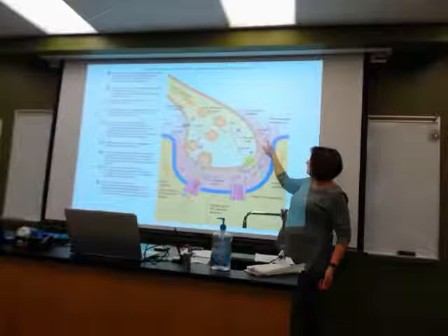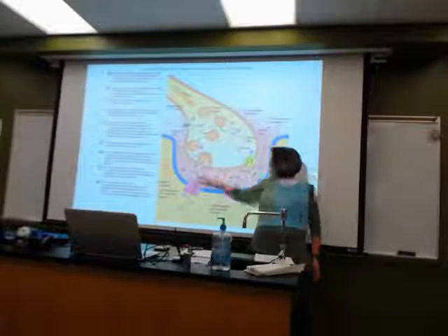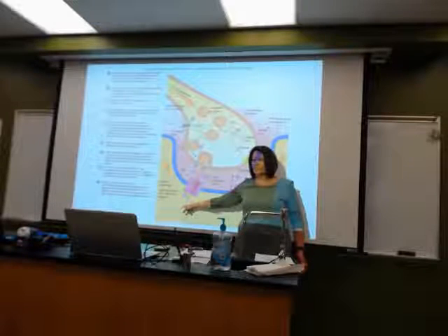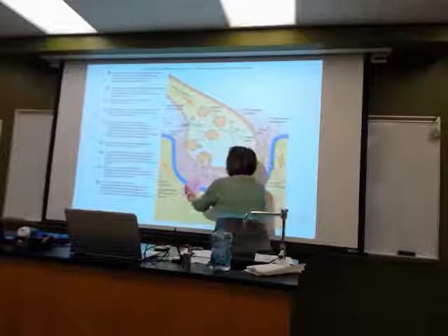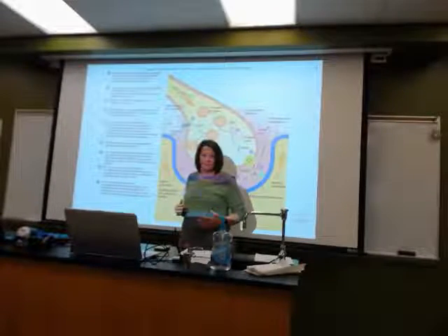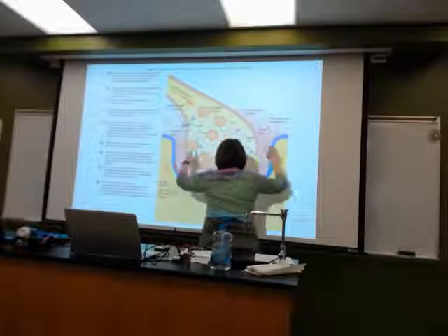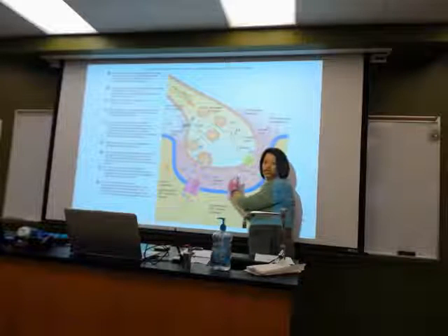Sodium is out here in the synaptic cleft, and sodium will rush in. And that's going to happen in tons of these ligand-gated channels. You would find tons and tons and tons of these ligand-gated channels.